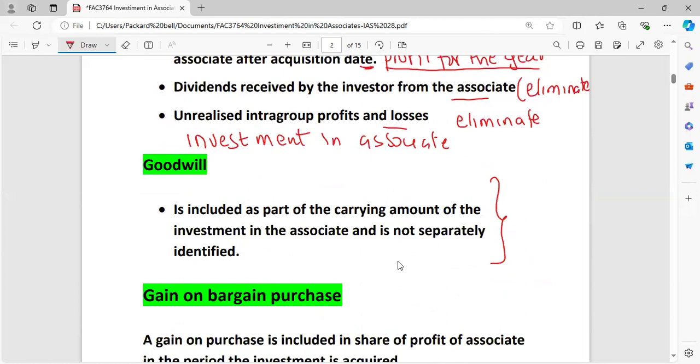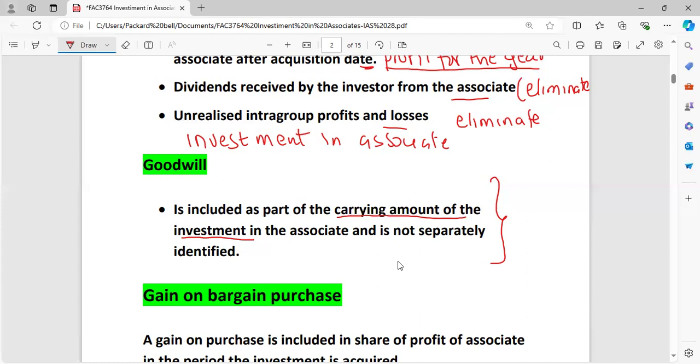But the only difference now is if you are doing investment in associate, you are not going to take goodwill separately in the statement of financial position. It will be in the carrying amount of the investment.